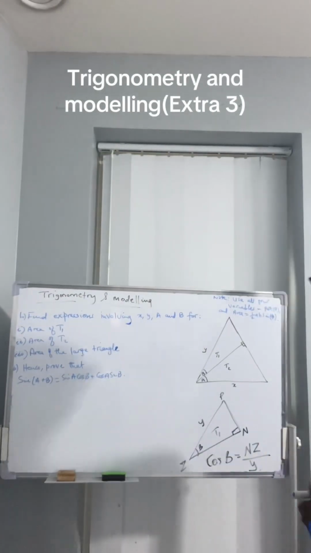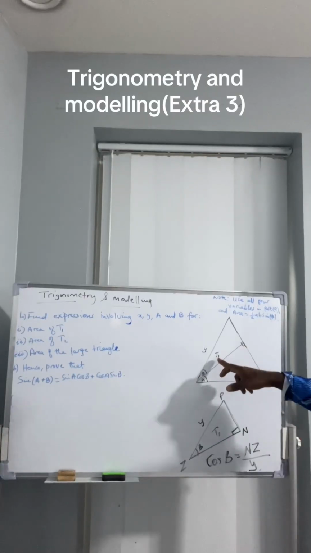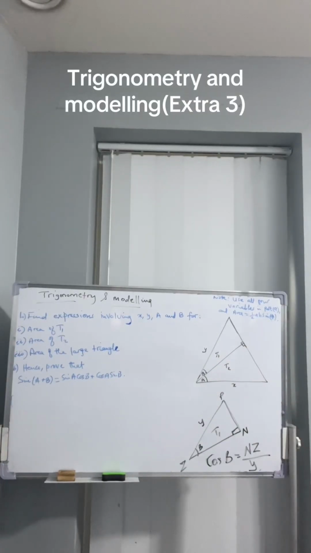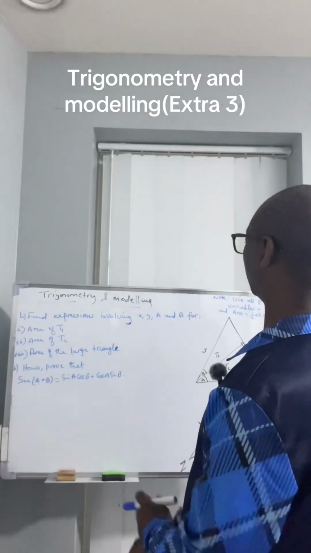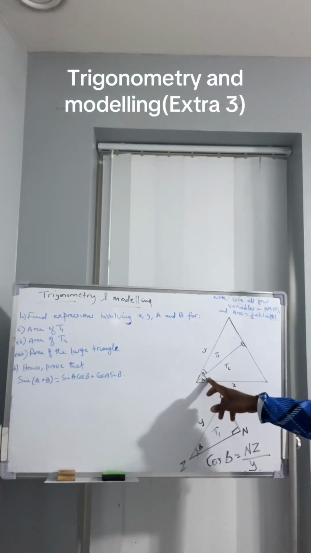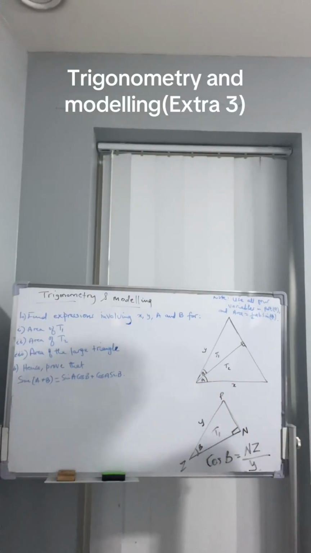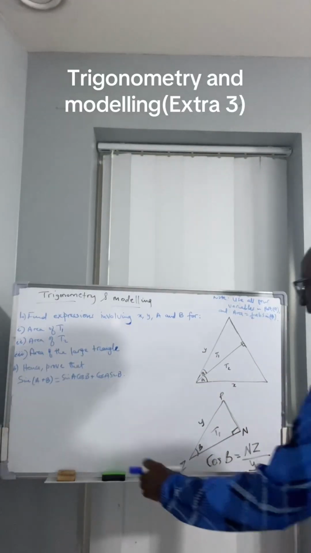Now, we want to find the area of triangle T1, but we want to involve X, Y, A, and B. That is, these angles and this length to be included in the answer, right?